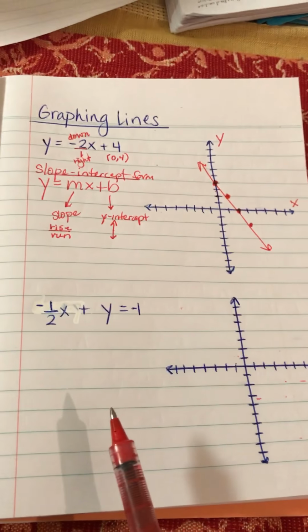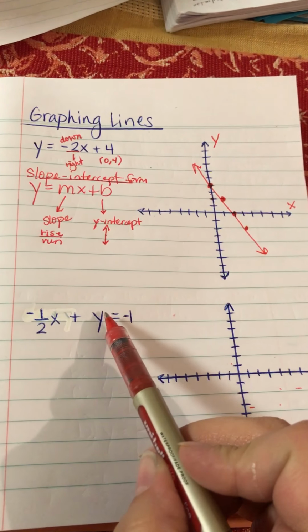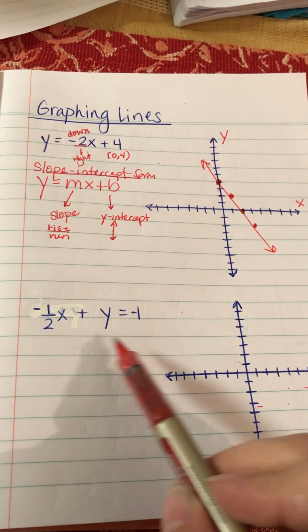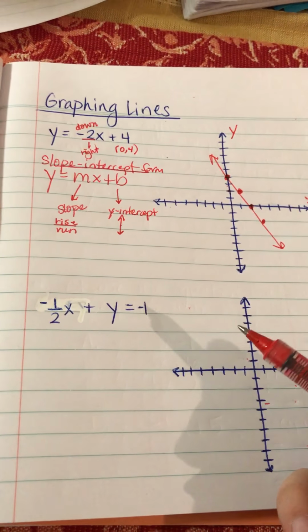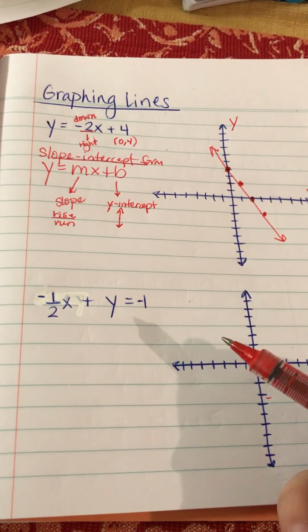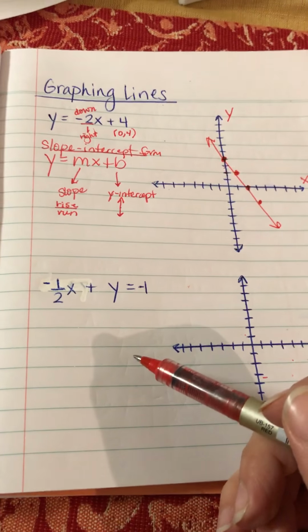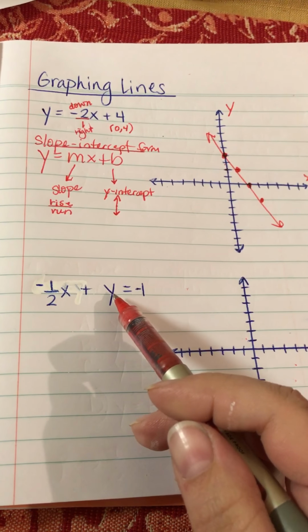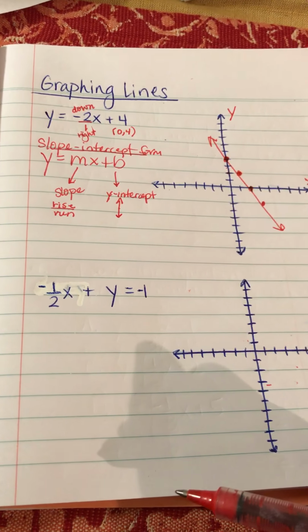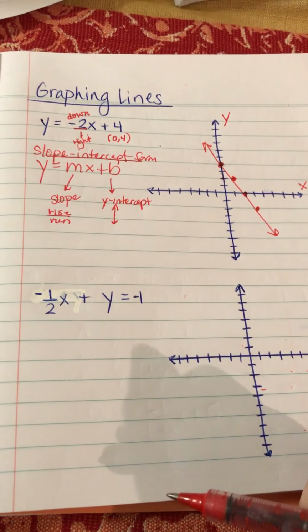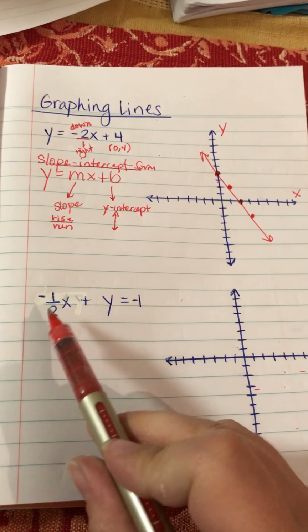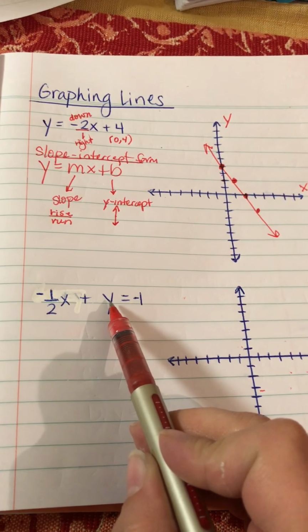Okay, the other one is a little bit more difficult because we notice that the equation does not say y equals. If the equation does not say y equals, we can solve for y, or get the y by itself, or we can find the x and the y-intercepts. Let's go ahead and solve for y. So here's our y.